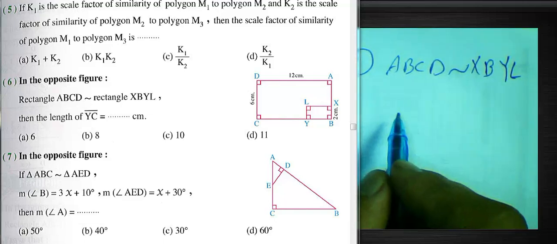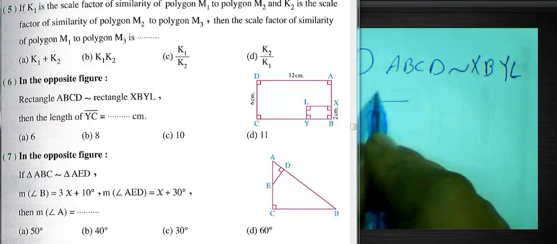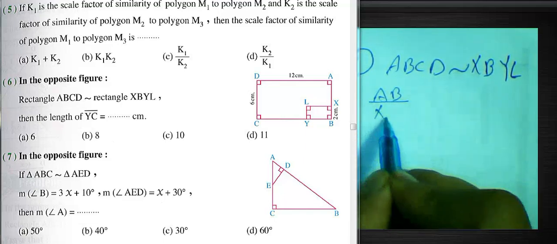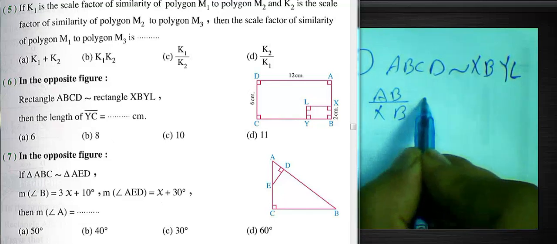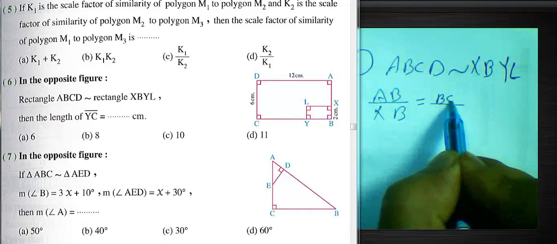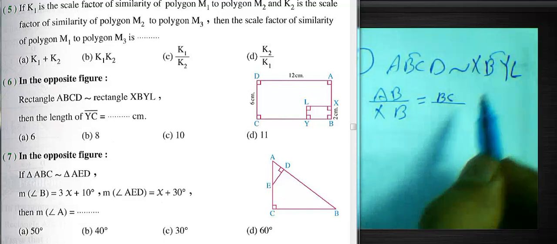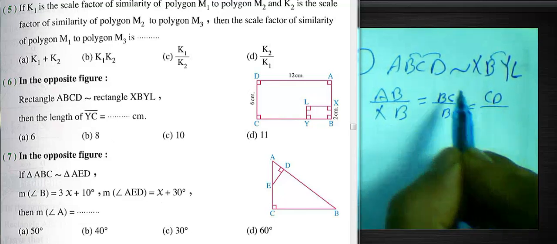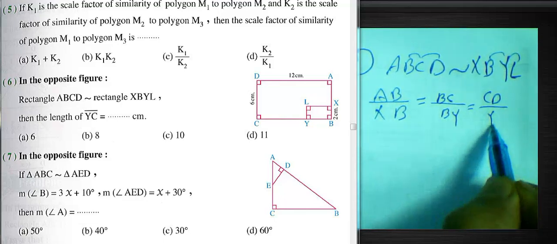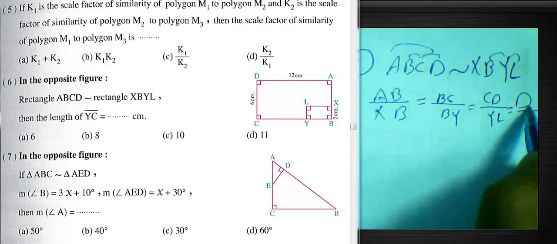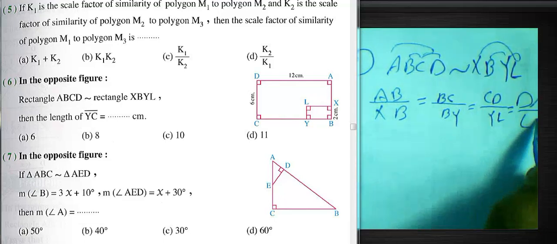So we can write AB over XB equal BC over BY equal CD over YL equal DA over LX.